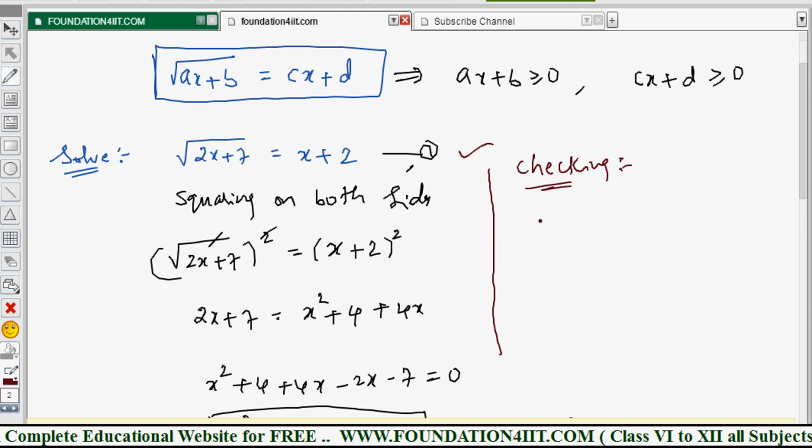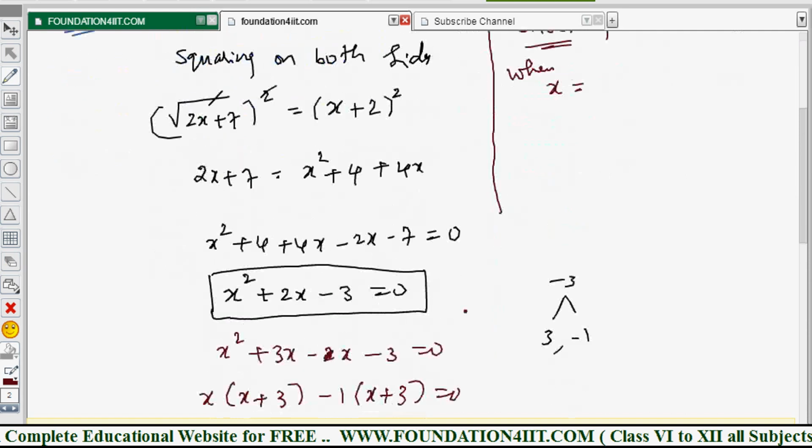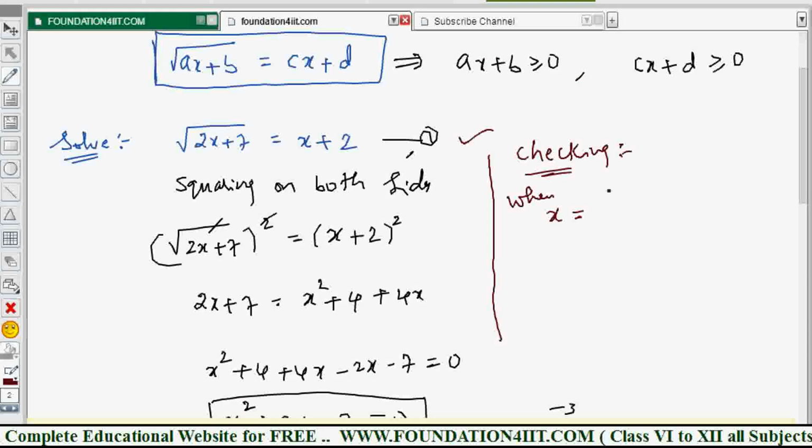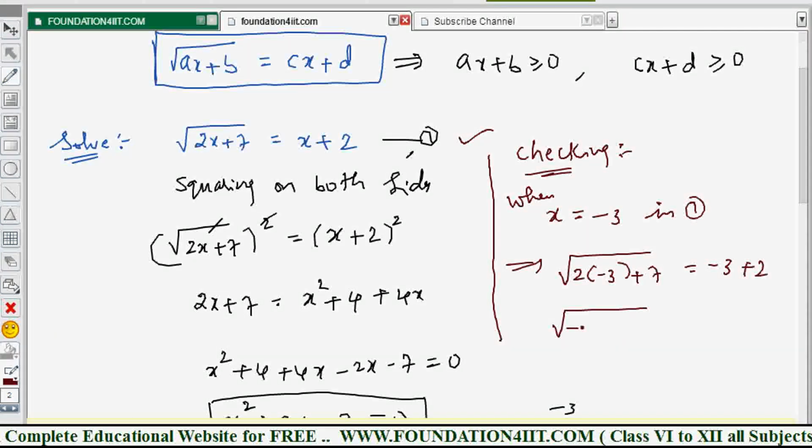The first one, x is equal to minus 3. We substitute it in equation 1. Square root of 2x plus 7 is equal to x plus 2. So square root of 2 into minus 3 plus 7 is equal to minus 3 plus 2.